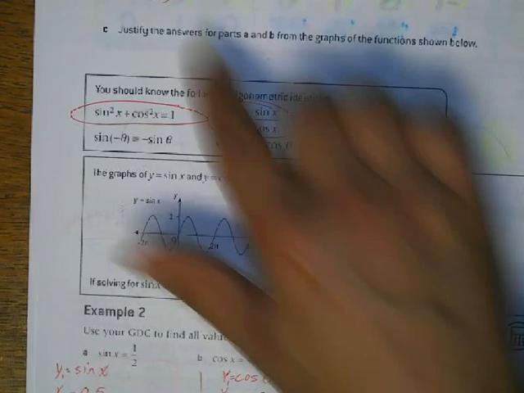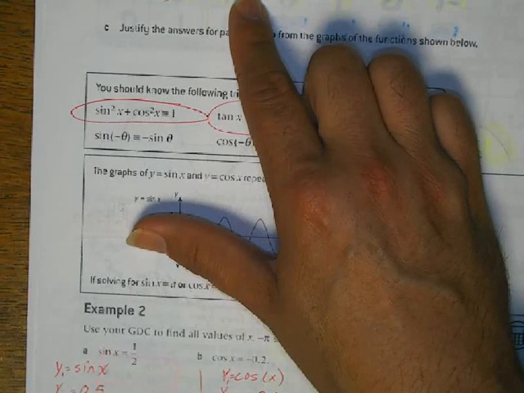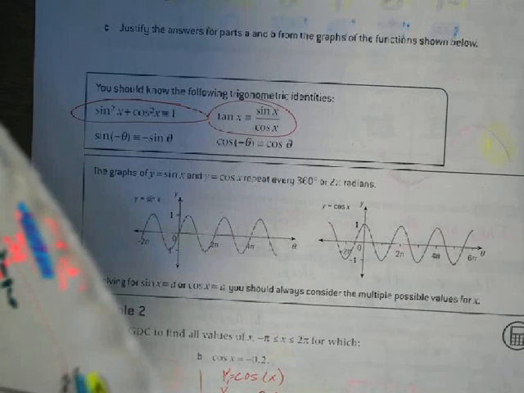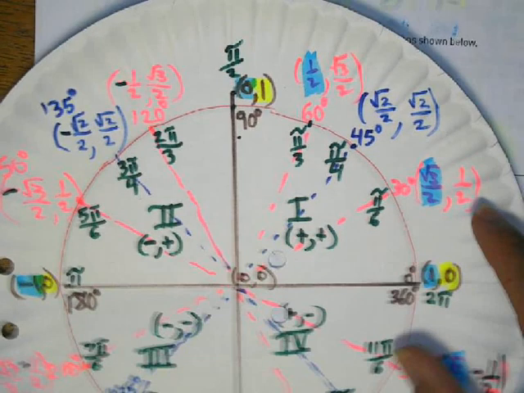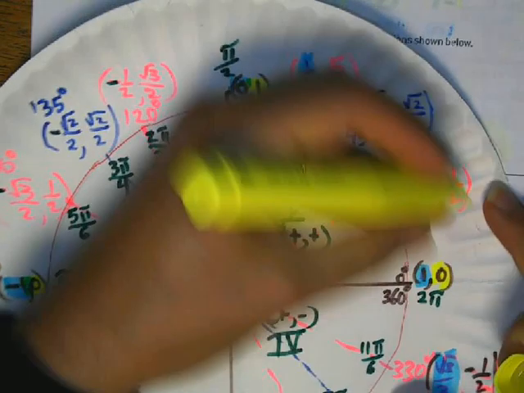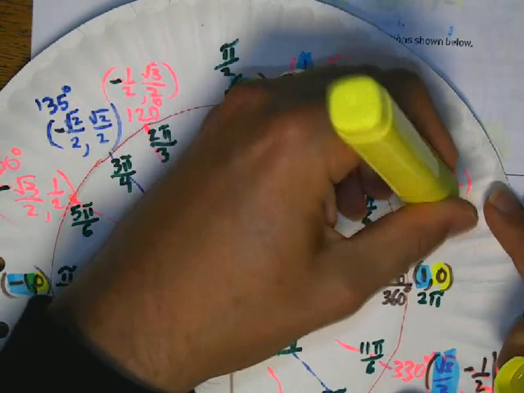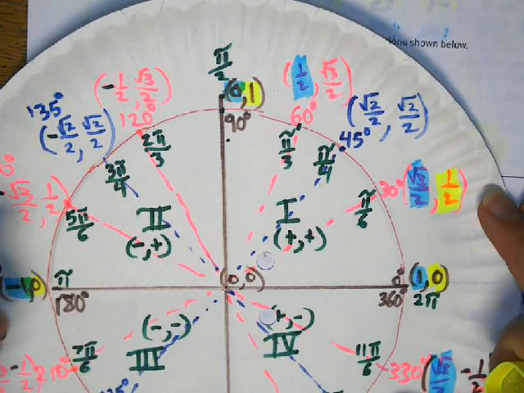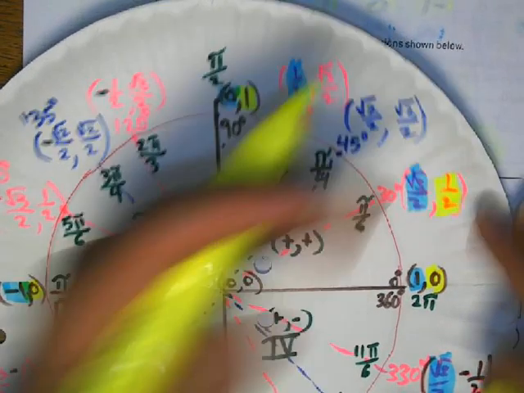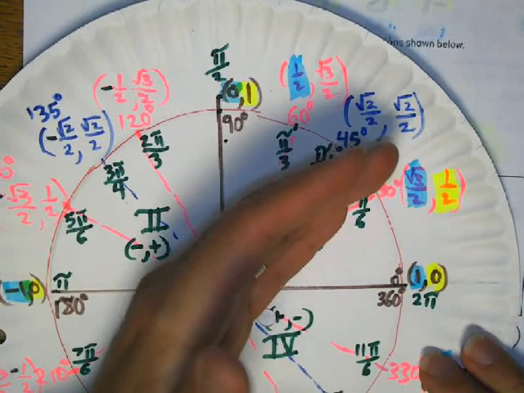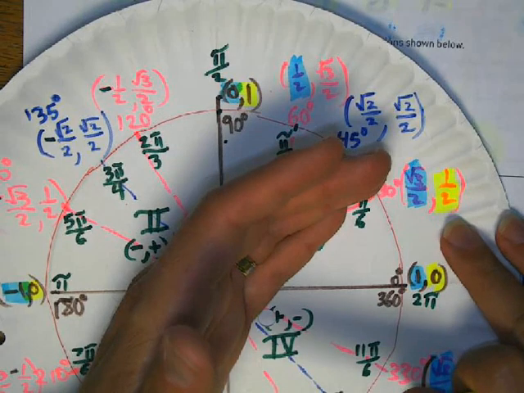Okay, find an expression for sine of negative theta. Now, sine theta is the y values. If I go up 30 degrees, my sine value is 1/2. The y value is 1/2.